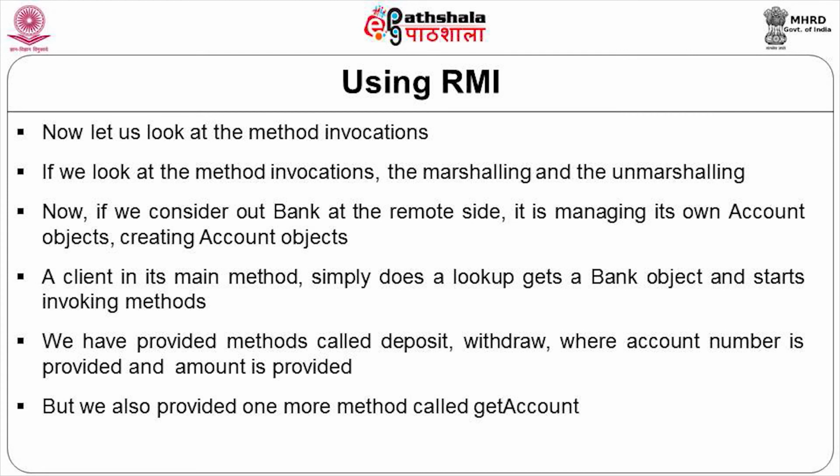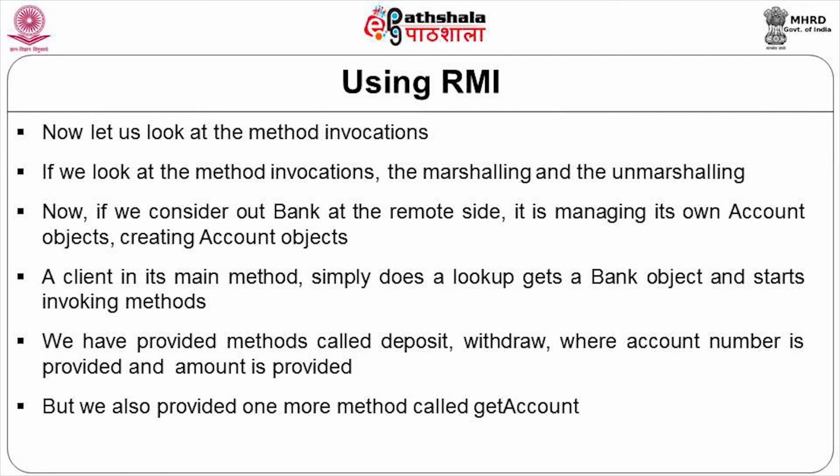Okay, there's another topic which is still remaining related to RMI. If you look at the method invocations, the marshalling and unmarshalling part, coming back to that. Now if we consider our bank on the remote side, it's managing its own account objects, creating and managing them.